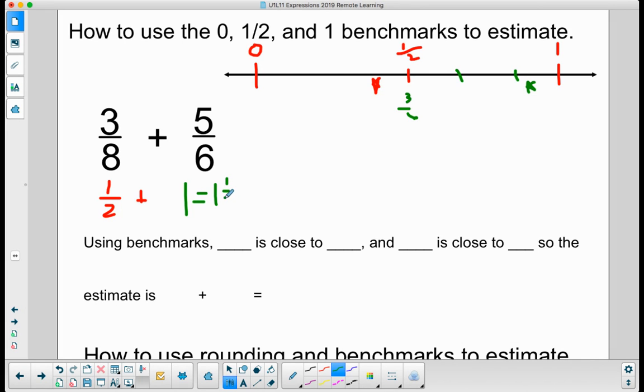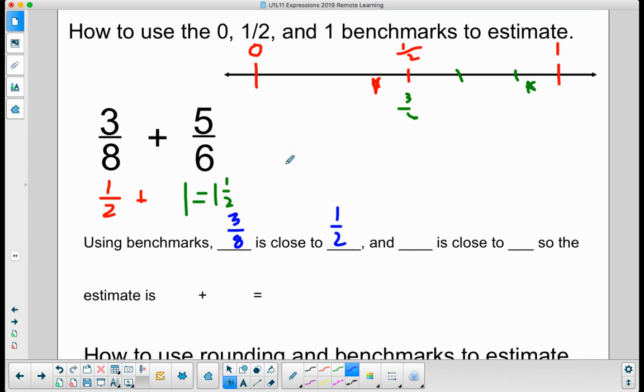Now, in teaching this with a class, I would be teaching how do we explain our estimate. And I like to use this sentence starter. So students every time can say this. Using benchmarks, because I use these benchmarks, my first fraction, 3/8, is close to, we said 1/2.